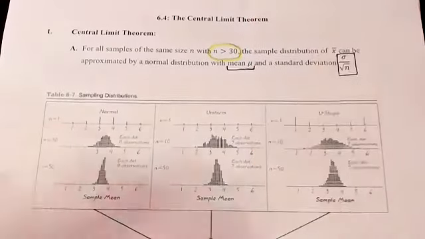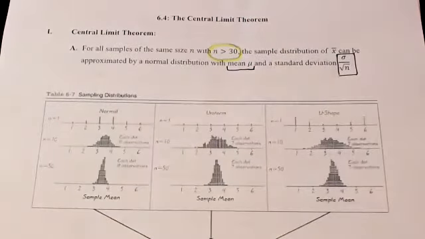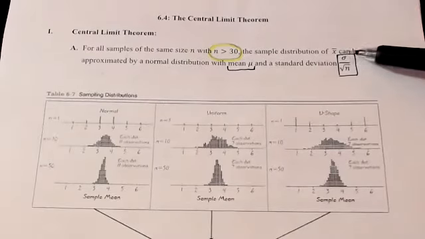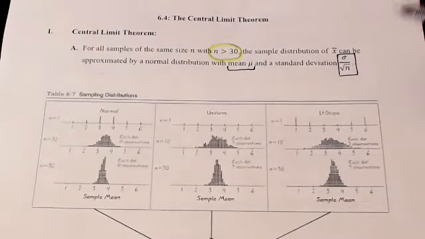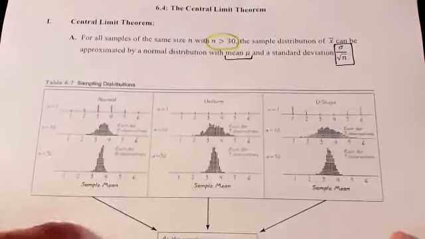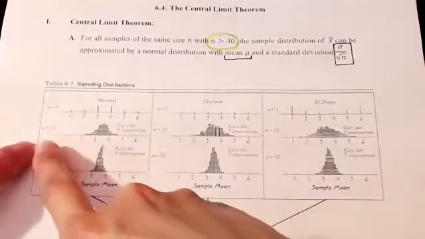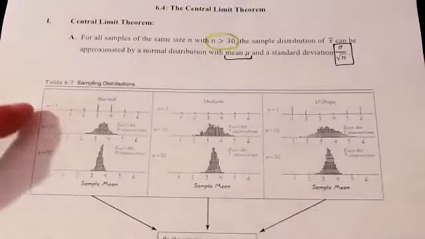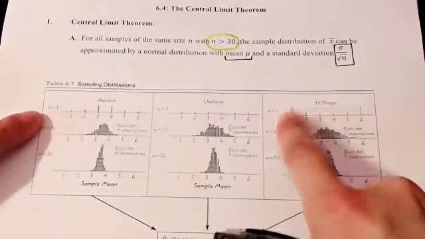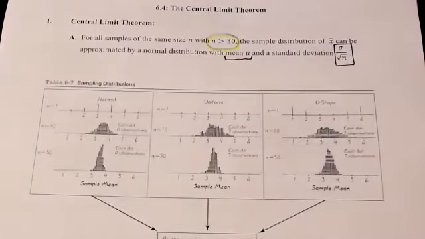So the mean is going to be the population mean, and the standard deviation is going to be the population standard deviation divided by the square root of n, where n is the number of values you have in your set. Notice each of the distributions when n is equal to 1, then when n is equal to 10. First off, when n is equal to 1, that just means that you have one sample, one set of values. It's one researcher. Maybe they sampled 30 people exactly, and they recorded those values.